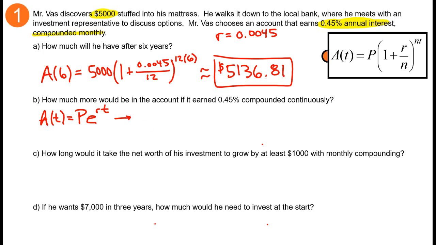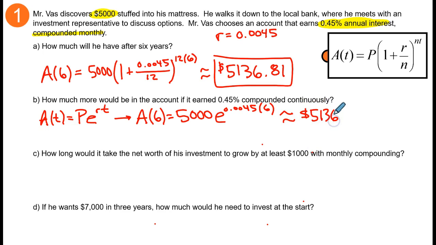So for this problem, the amount after 6 years will be the principal times e raised to the 0.0045 times 6. And when you run that through your calculator, you will get an amount of $5,136.84.